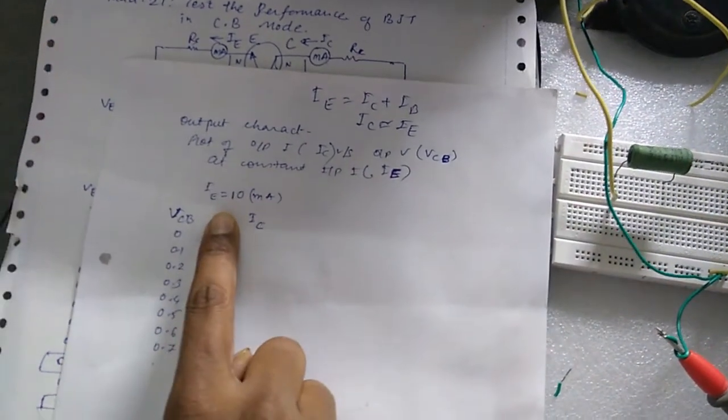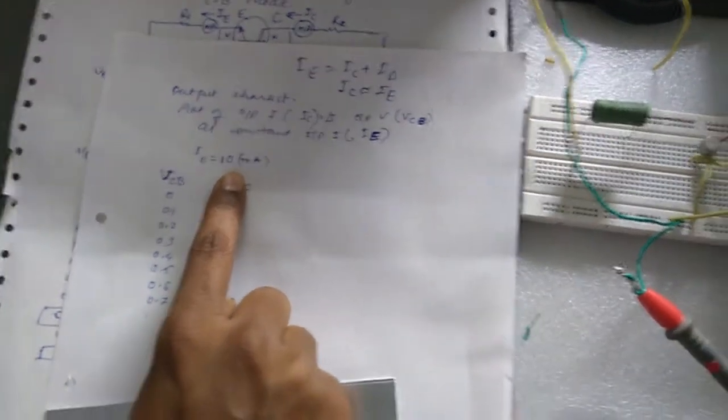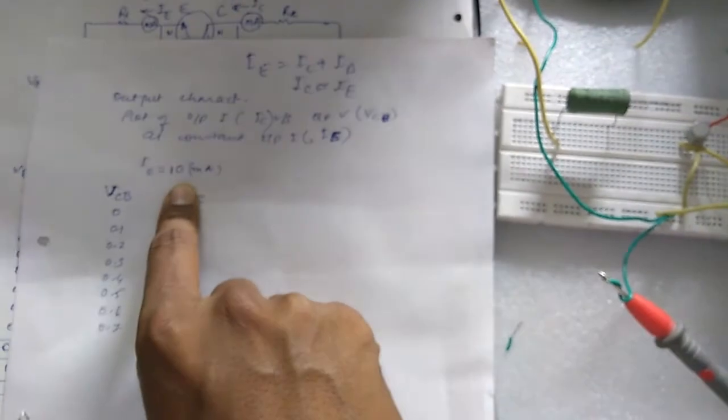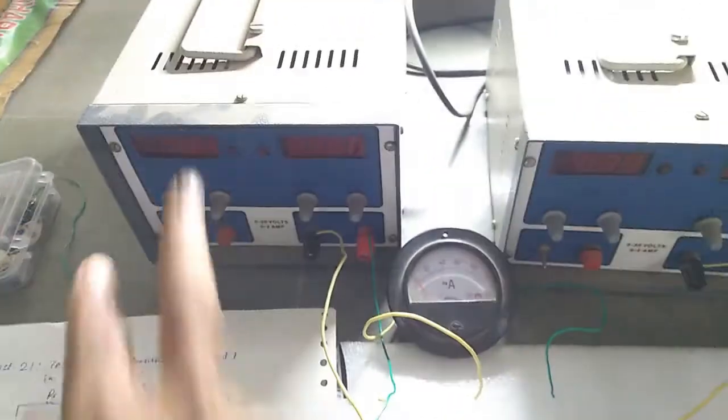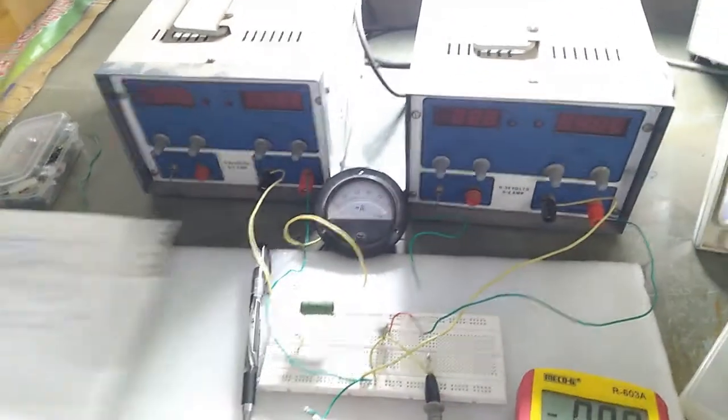So let us fix the value of emitter current at 10 milliamperes. So first I will set the value of emitter current to 10 milliamperes by varying my input supply. So let us do it.